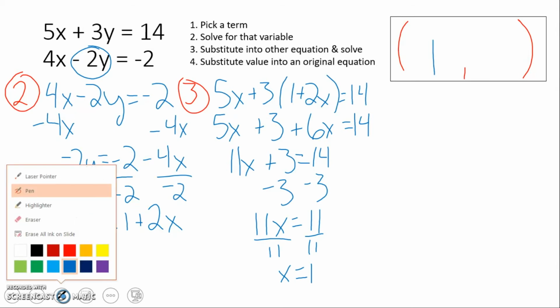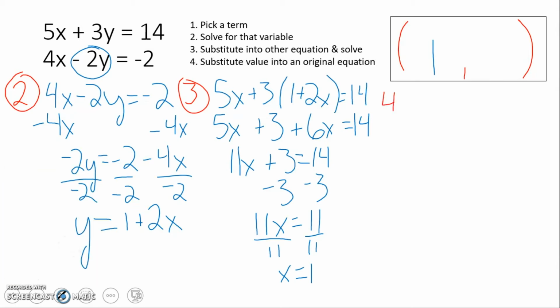The last step, we are going to pick one of our equations, and we're going to substitute the value for x into that equation and solve for y. I am going to choose the first equation. So we have 5, instead of x, we're going to write 1 plus 3y equals 14.